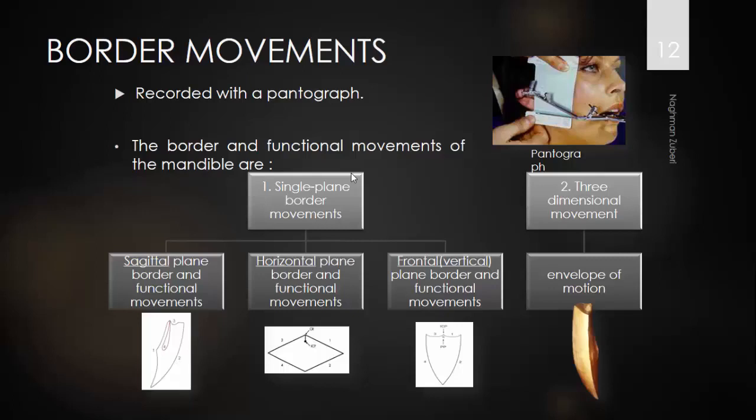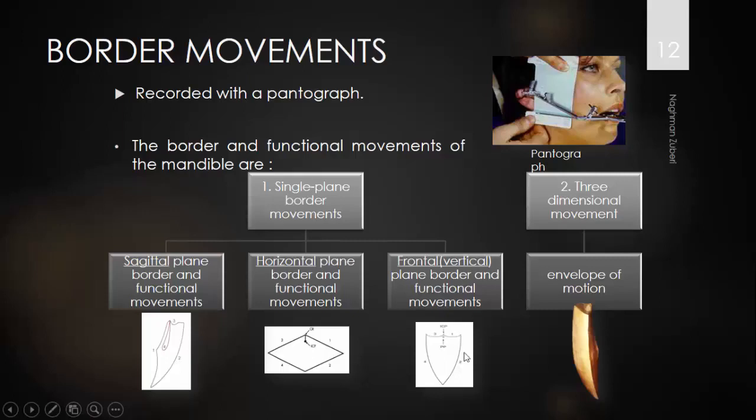The border and functional movements of the mandible are: single plane border movement, the sagittal plane border and functional movement, we know this, the envelope of motion; then the horizontal plane border and functional movement, the Gothic arch which we trace; and the frontal vertical plane border and functional movements, this shield type of movement.